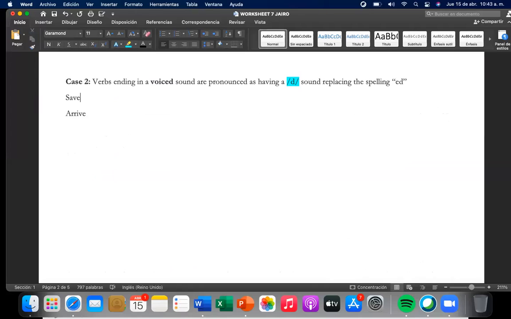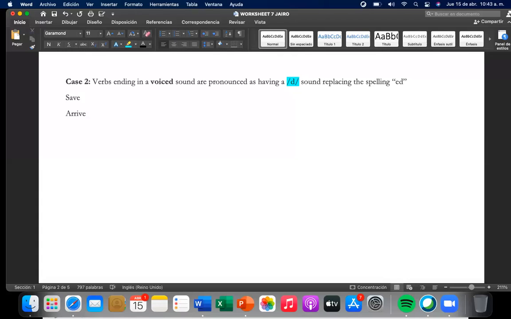Okay. Question for everybody. What does it mean, voiced sound? That is a sound with vibration. Okay, it has vibration, right? The last sound. Recuerden que acá nos importa el último sonido del verbo así en infinitivo, como en su forma base antes de conjugarlo en pasado, okay? So the last sound is a voiced sound.